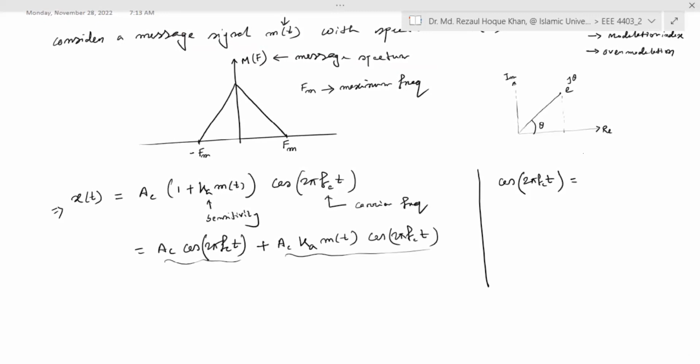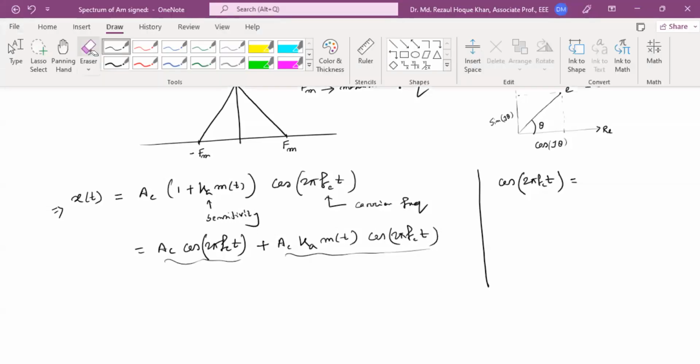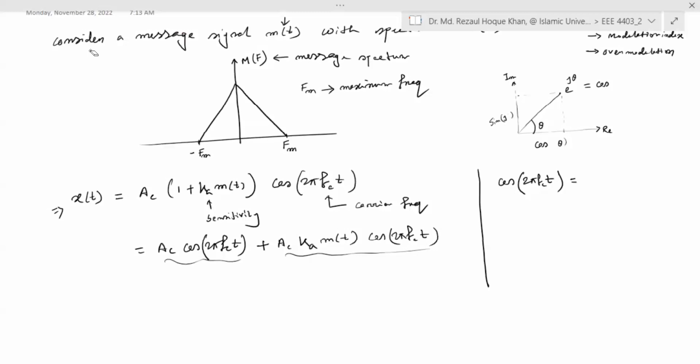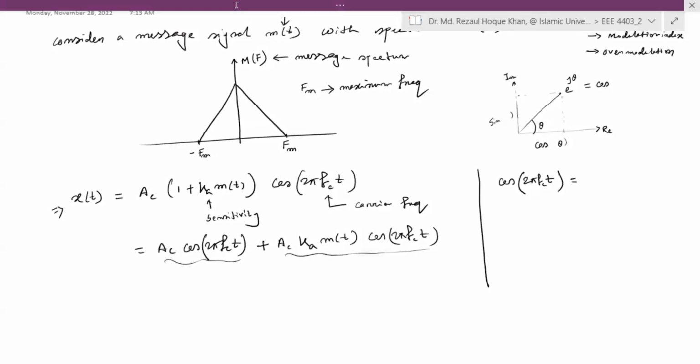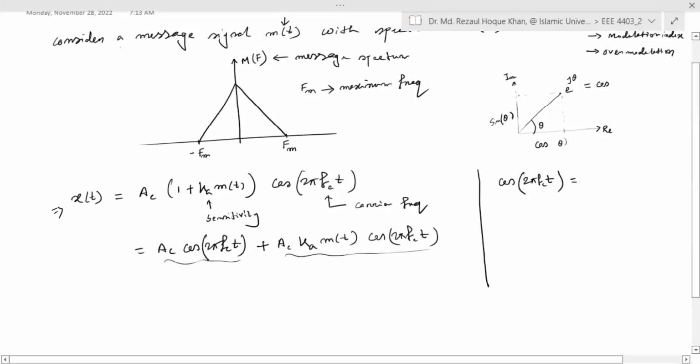So the real part is nothing but cos theta, and the imaginary part is sine theta. I beg your pardon, this j should not be here.